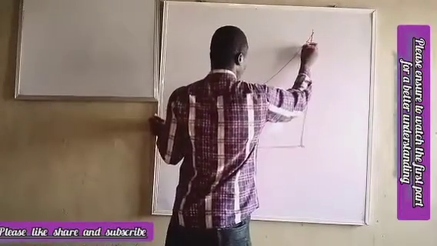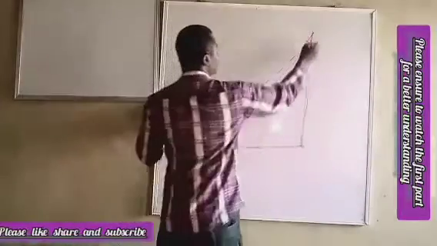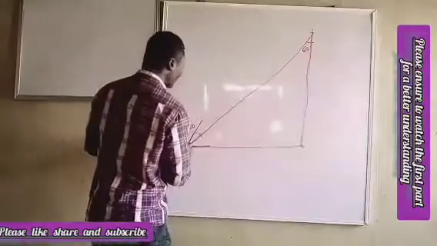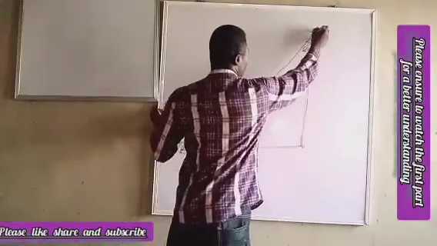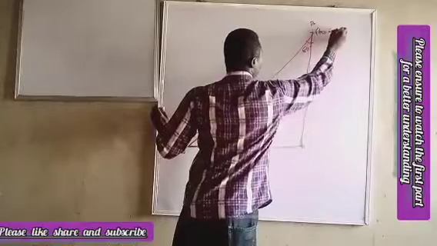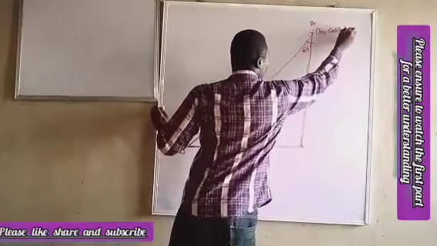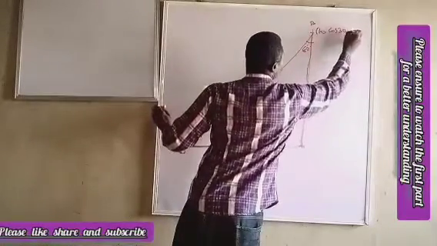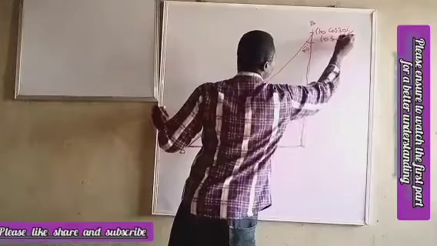Then, with respect to this place, we have B at 10 cos 30, 10 sine 30.